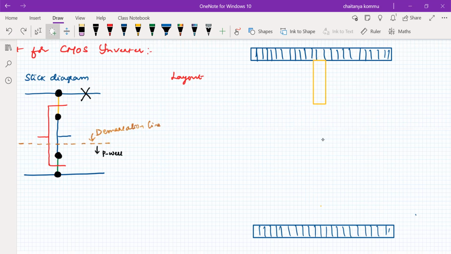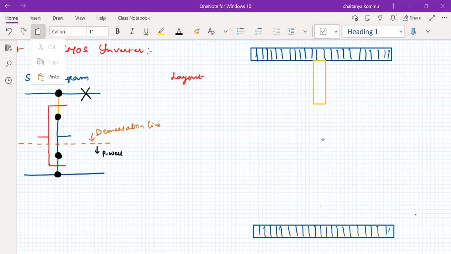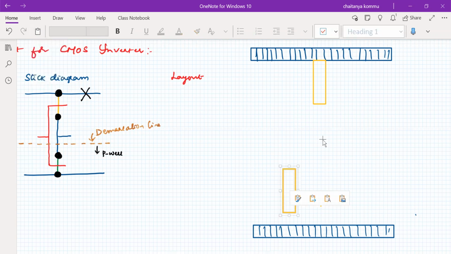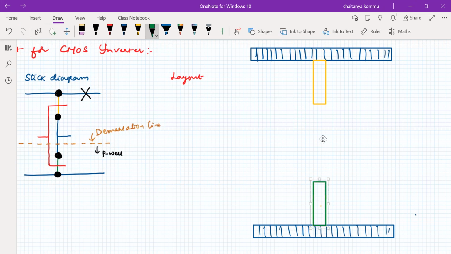Copy and then paste here. Please remember that this color should be green diffusion.